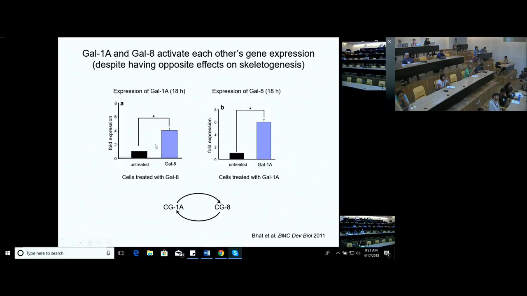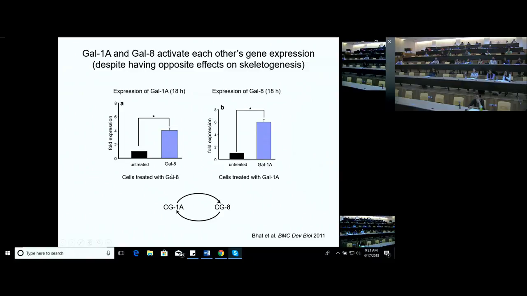So we're looking here at cells treated with galectin 8, and we're looking at expression of galectin 1A, and we get much more galectin 1A when we treat the cells with galectin 8.